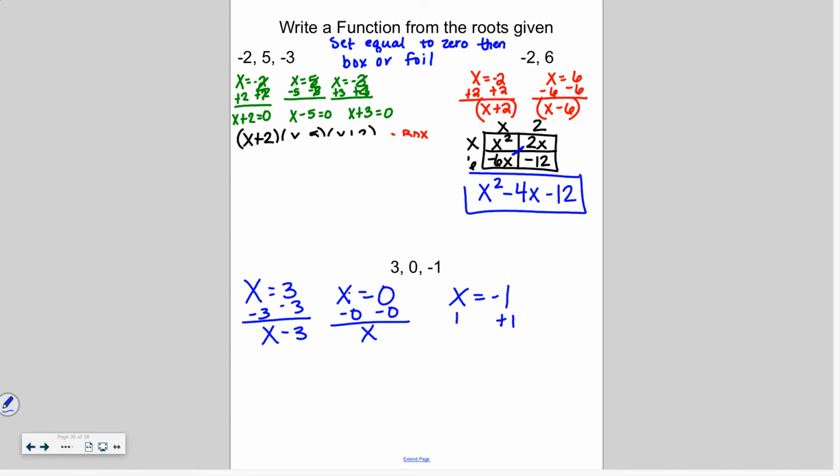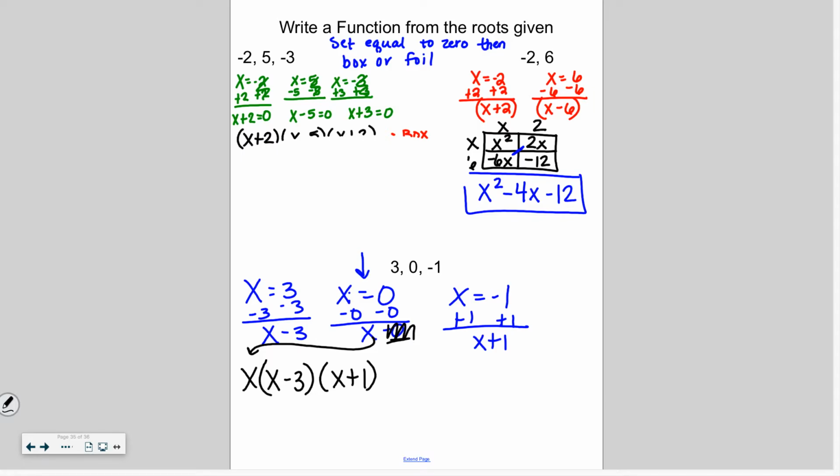Add 1, x plus 1. Now, since we know that this one right here doesn't do anything, I'm going to wait on that, okay? So I'm going to FOIL x minus 3 and x plus 1. Now I'm going to go ahead and give you a little secret. The reason I'm doing it that way, this right here does not change the value of that x. So actually it's almost like it's not even there. These are the ones, when we pull them out, we have a GCF, they're set equal to 0.